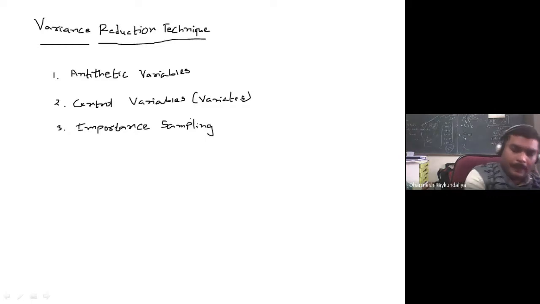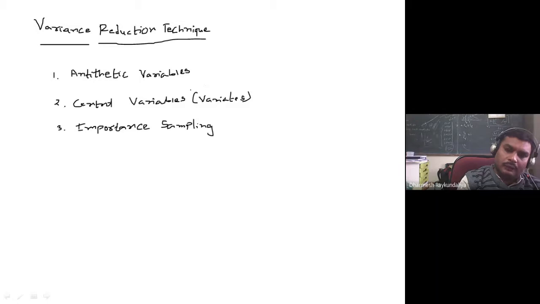So we will take one example, and using that example, first I will evaluate the Monte Carlo integration value. We will find out its standard error, and then we will introduce the concept of antithetic variables, what is the use of that, and how it can reduce the variance of the Monte Carlo estimators.